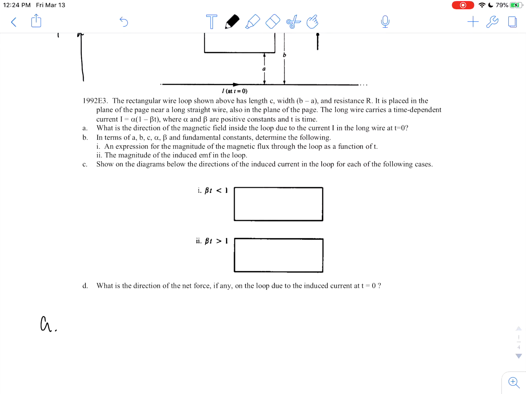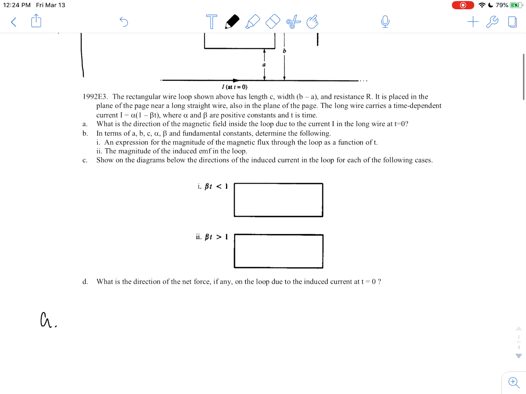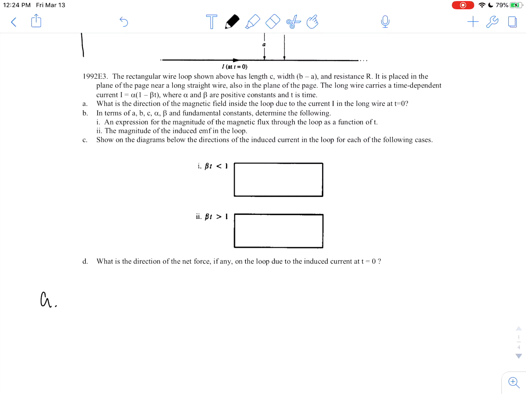And so if you point your thumb to the right, your fingers wrap around out of the page towards the top above the wire. And so for A, B field is out of the page.